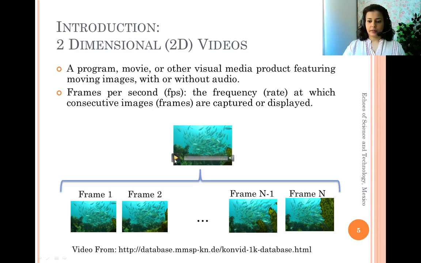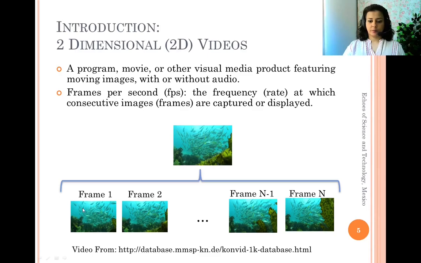For example, this is a two-dimensional video that has been taken from the Konvid-1K database, and this is a list of two-dimensional images that this video is composed of. Remember that the sequence of two-dimensional images is very important to show the moving object as it was captured. And for the video, each two-dimensional image is called its frame.